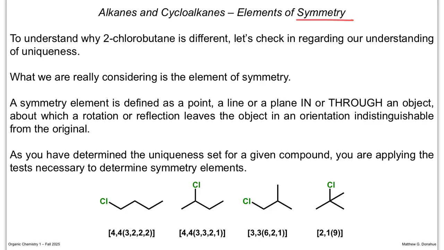So when we look at these 4 constitutional isomers, why is that one special? For the 1-chlorobutane, if you look at every carbon on the chain, they have at least 2 of the same substituent. Here, 2 hydrogens, 2 hydrogens, 2 hydrogens, 3 hydrogens.